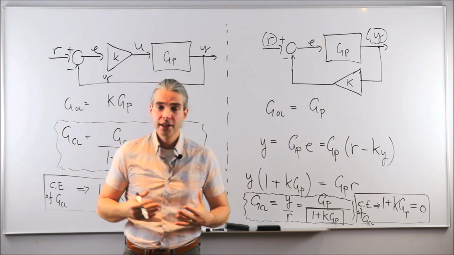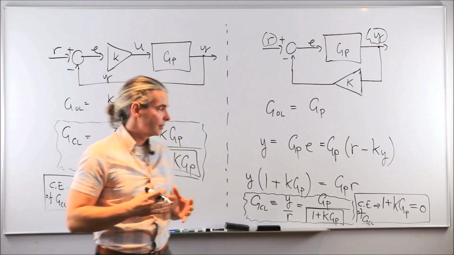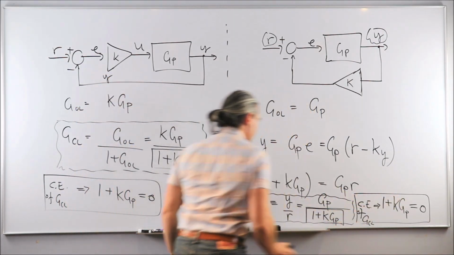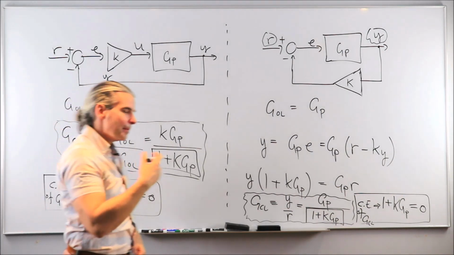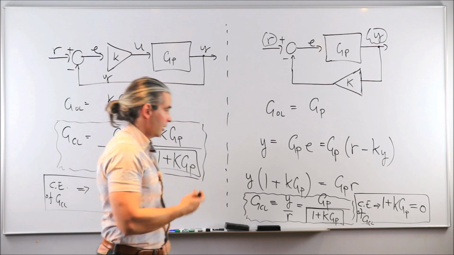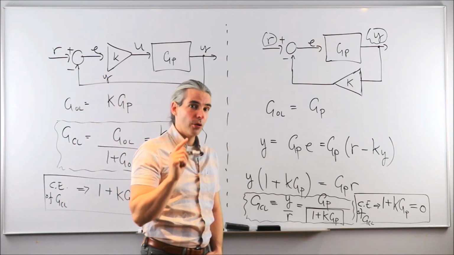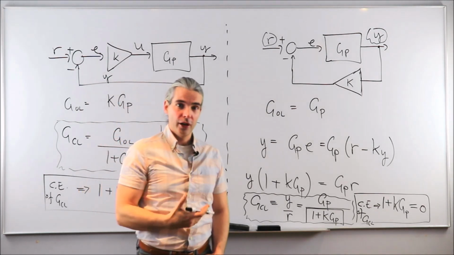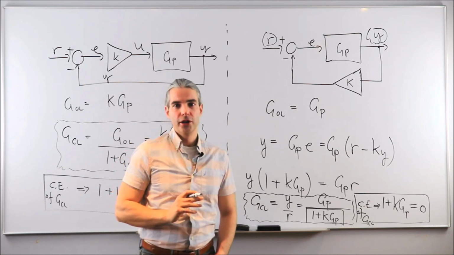Or in other words, the characteristic equation of both architectures is exactly the same. It's 1 plus K G of P equal to 0. And that means that the roots of those characteristic equations are going to be exactly the same. Or in other words, the poles of the closed loop transfer functions will be exactly the same in both situations.